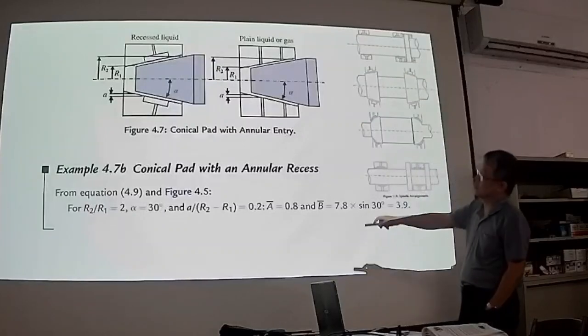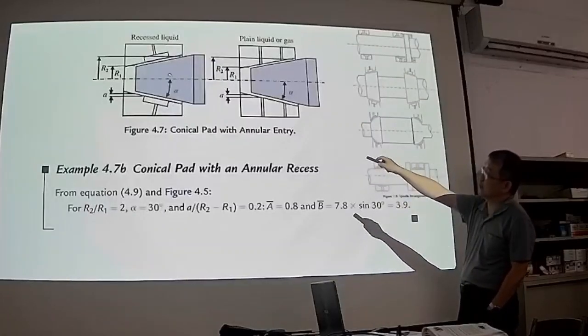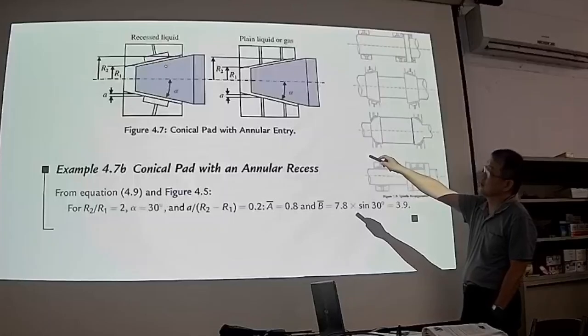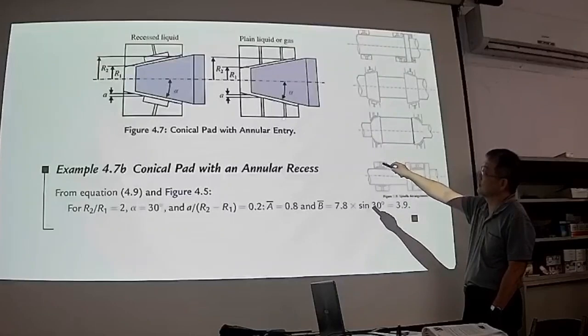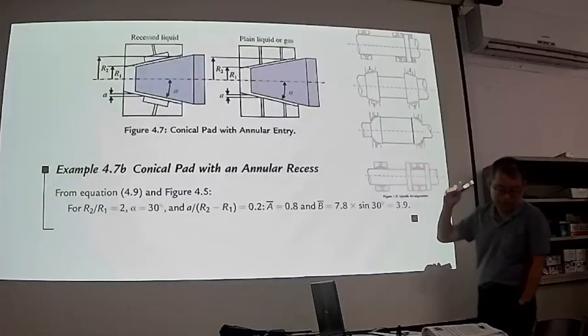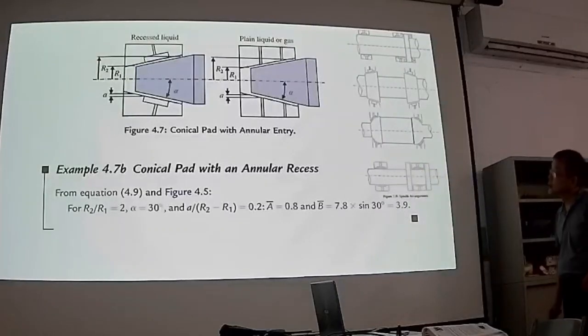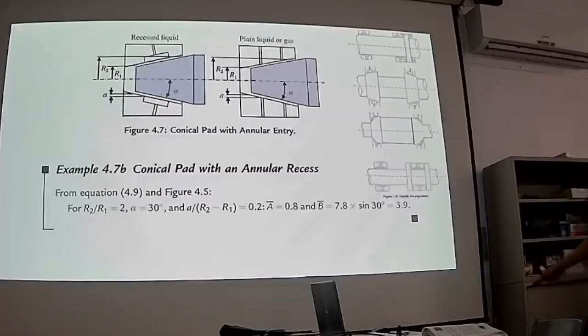So the left hand side is the recessed conical journal bearing. And the right hand side is the plain conical journal bearing, without any recess.